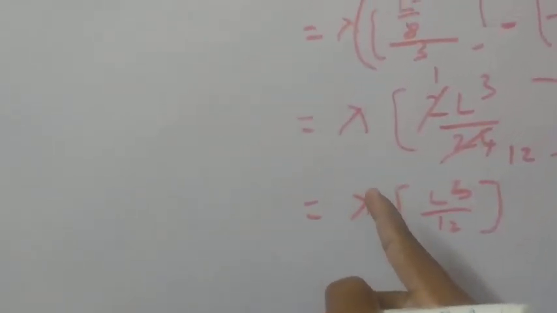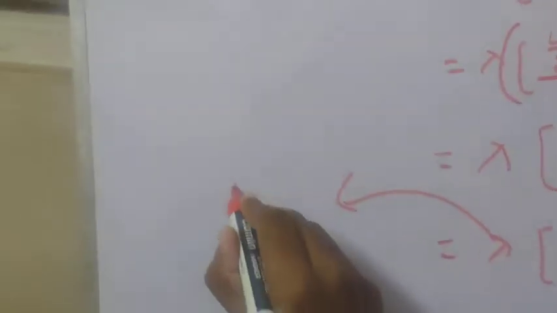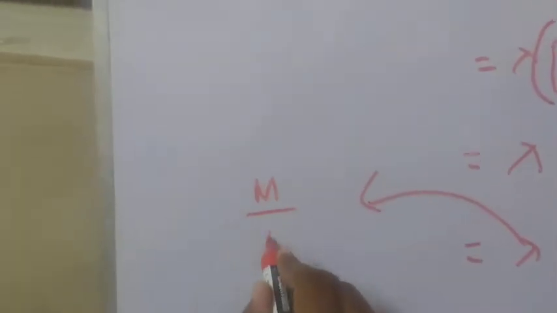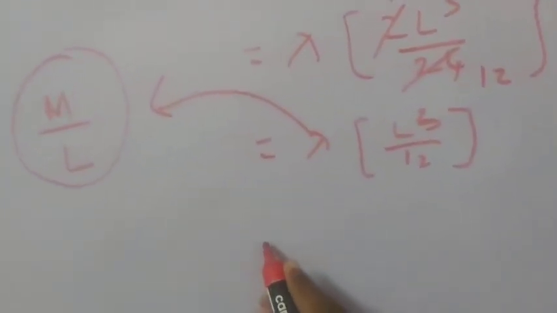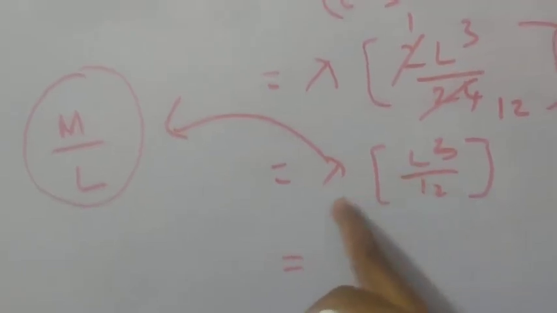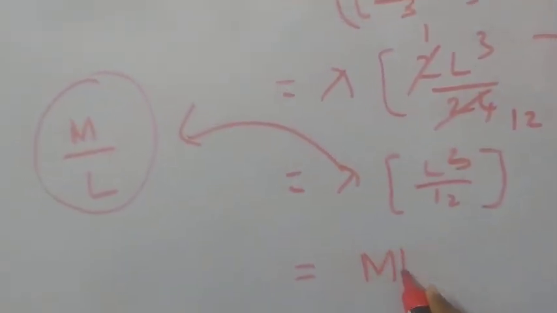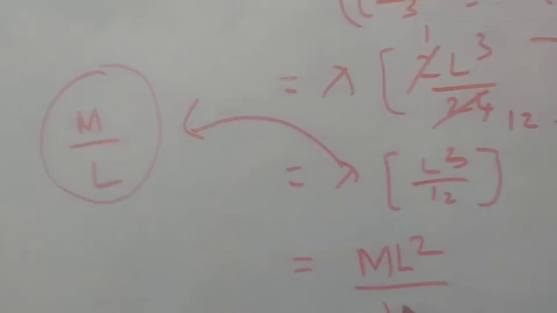We know the lambda value is nothing but m by L. Let's substitute it. M goes up and L gets cancelled, so the final answer will be m L square by 12.